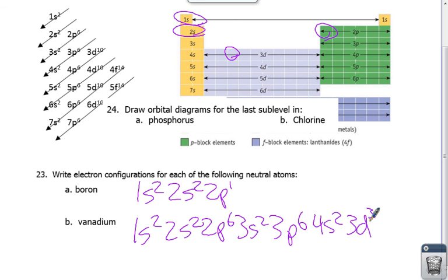And again, after you've written it correctly, a lot of people swap the fourth one and the third one around so that all the 3s are together and all the 4s are together.